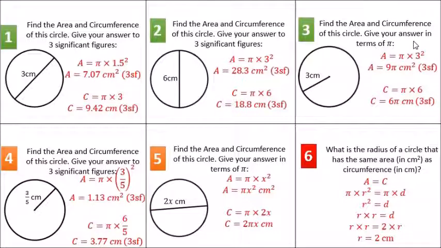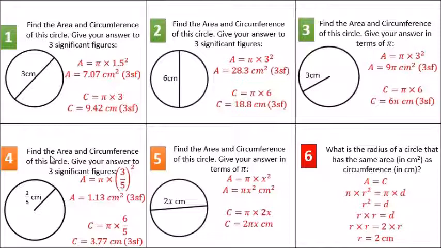But this question asks you to give your answer in terms of pi. Pi times 3 squared, well 3 squared is 9, so pi times 9 is 9 pi. So that would be how we give our answer in terms of pi. And the circumference, pi times the diameter. The diameter is double the radius, so the diameter is 6, our circumference is pi times 6, or 6 pi.